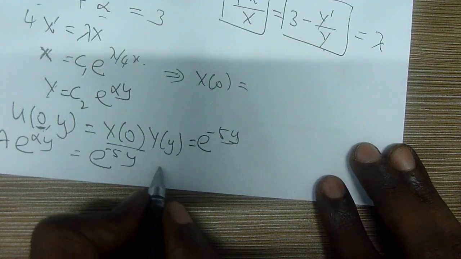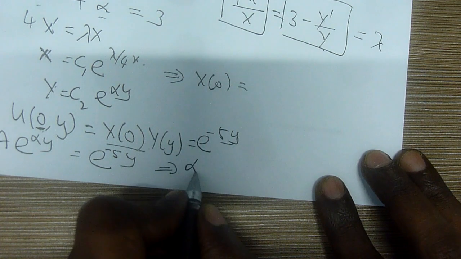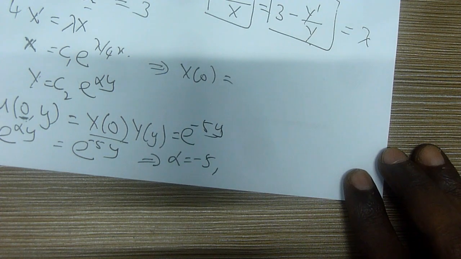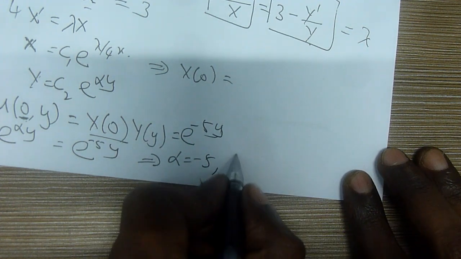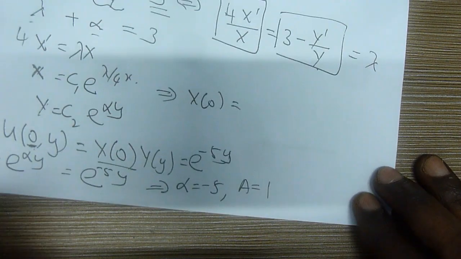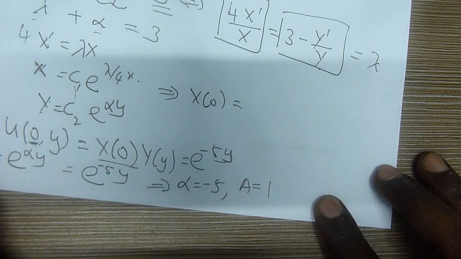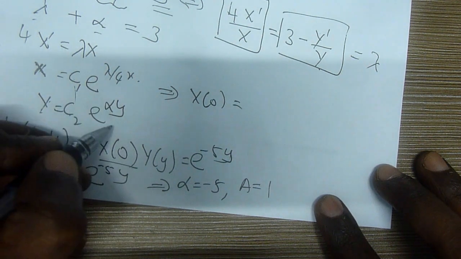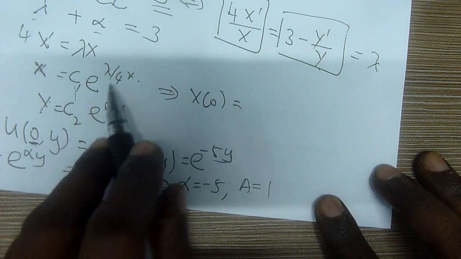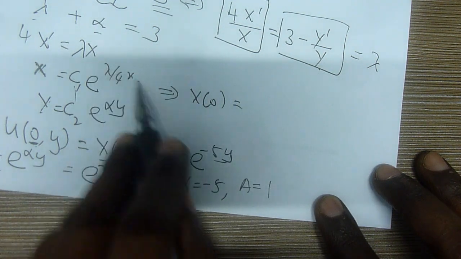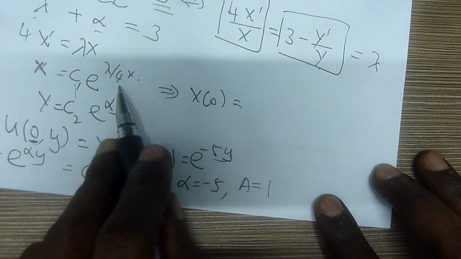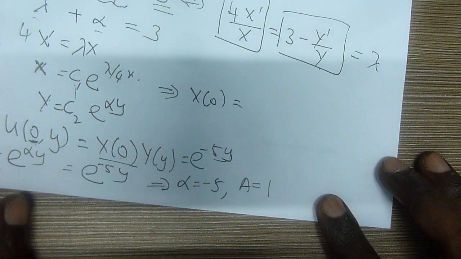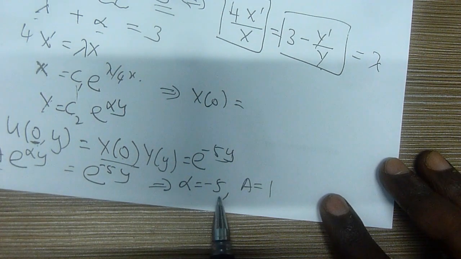Now I can compare where I get here alpha equals -5, then a equals 1. Since I already combined these two, make it a, imagine C1 C2 times, I get a combination of this. At 0 this one will automatically disappear, therefore I will have only this. With that, now I know alpha is -5.